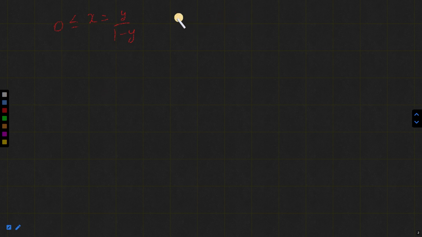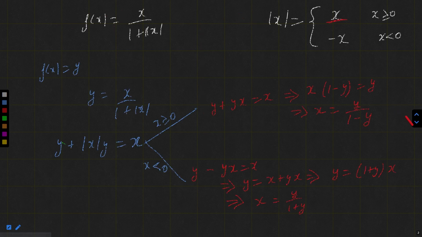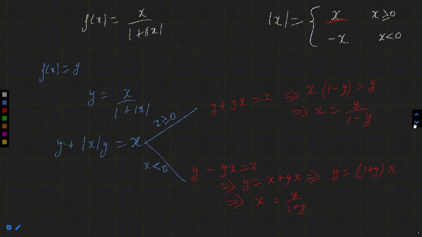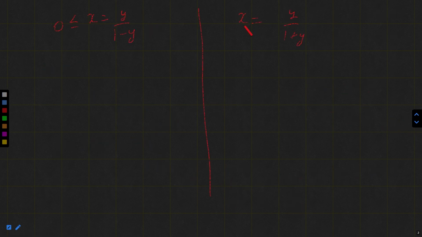And another one is x is equal to y by 1 plus y when x is negative, which means the whole thing is also going to be negative.